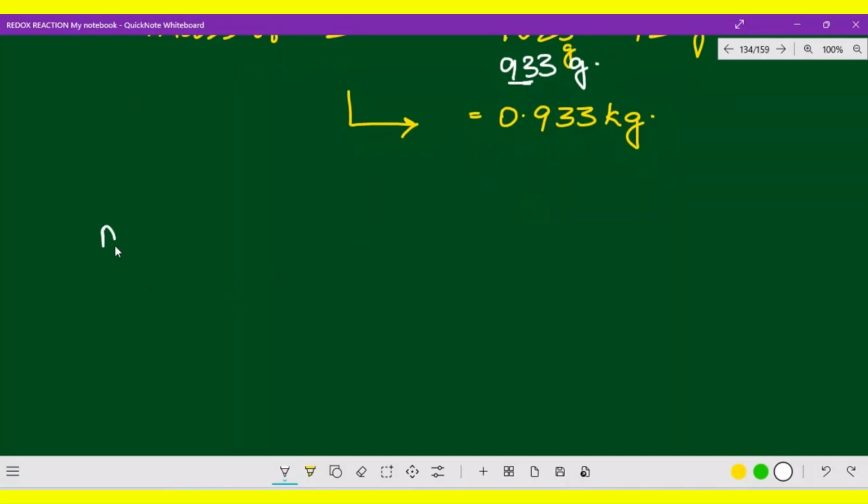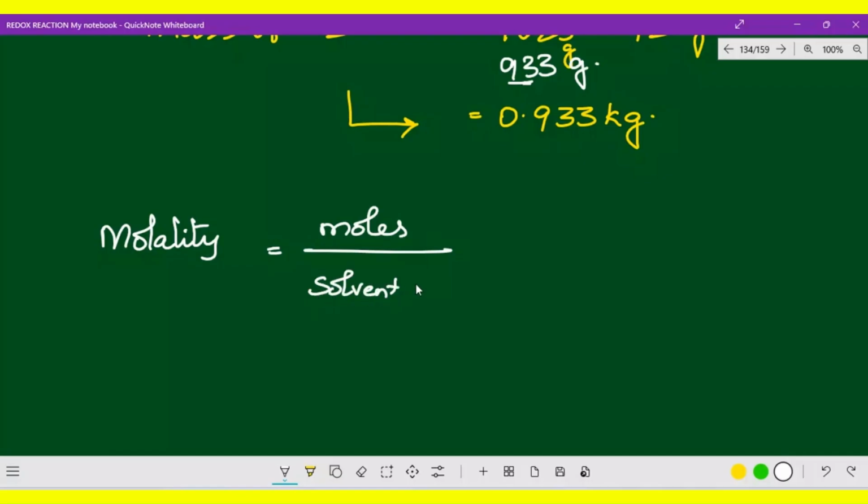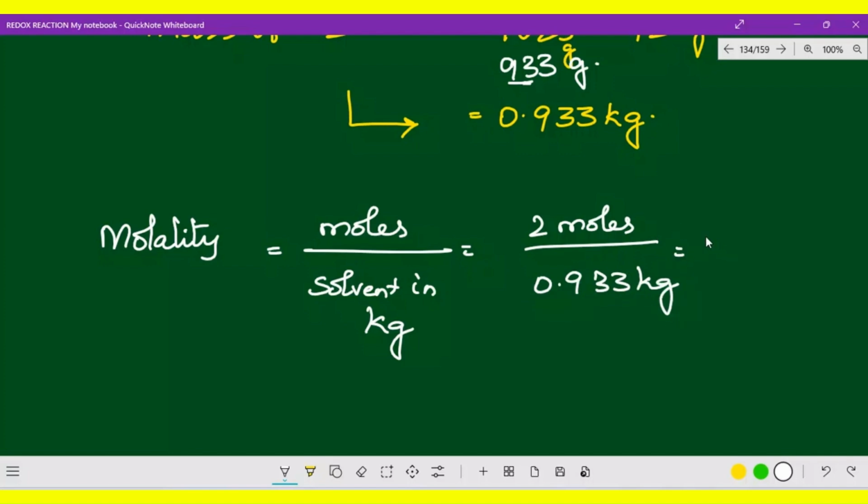So molality equal to moles divided by solvent in kg. So 2 moles divided by solvent in kg, 0.933 kg. Now here 2.143, what is it? Mole per kg.